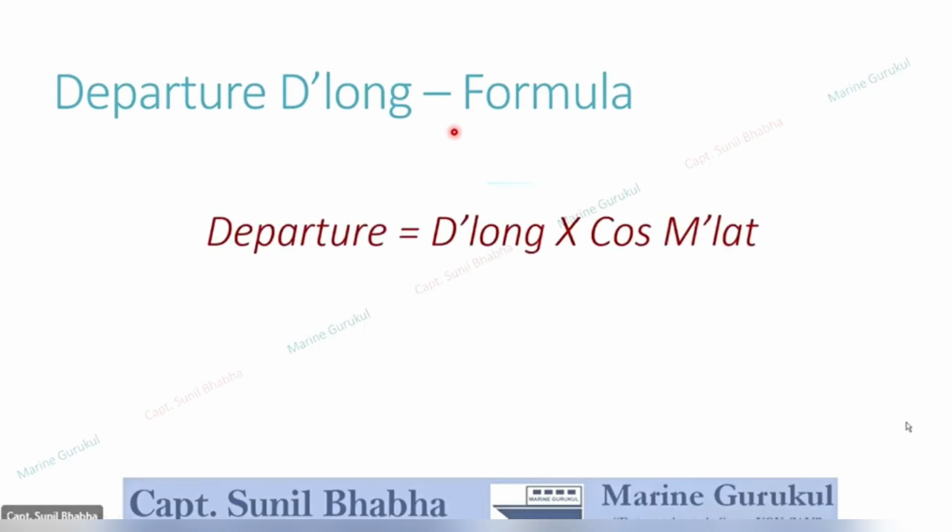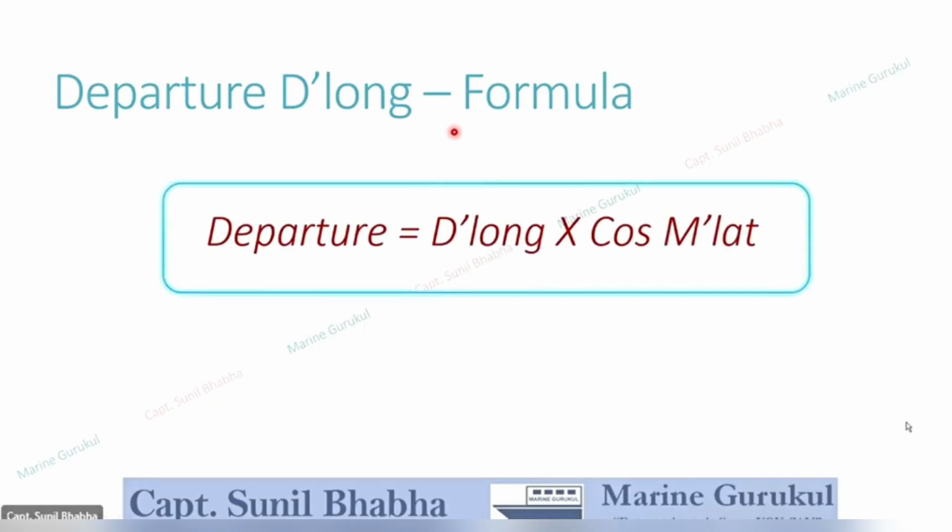Now, if we have only one scale on our plot, then you have to measure all the distances, whether they are in the north-south orientation or the east-west orientation, on the latitude scale itself. The north-south distance measured along the latitude scale is the d-lat, but the east-west distance measured along the latitude scale is the departure. So whenever we have to show an east-west distance on our plot, we have to show that distance as departure, not as d-long, because in our plotting, we do not use the longitude scale at all.